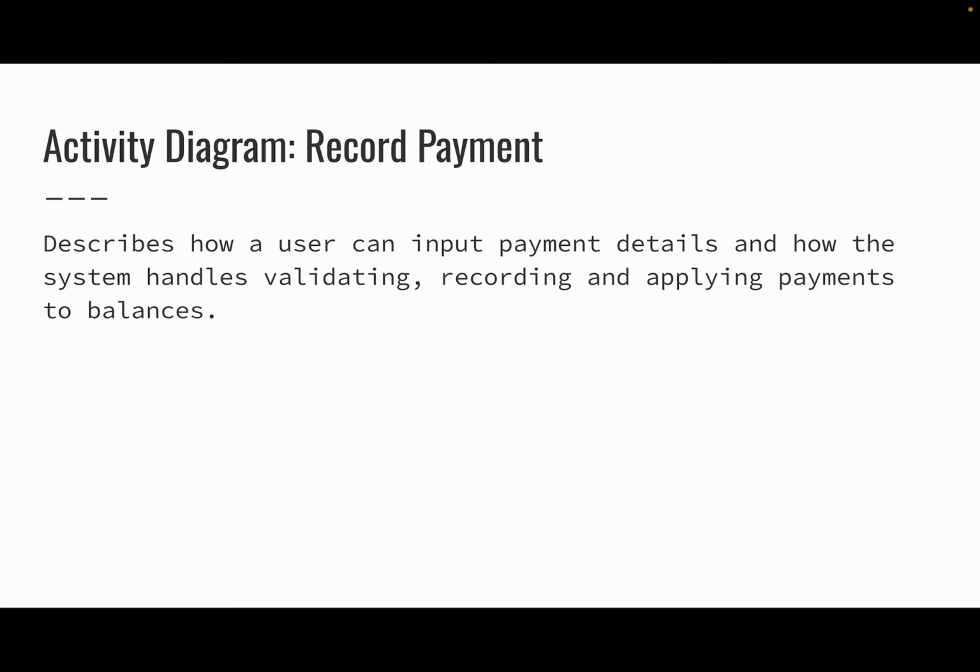We can see how the user would enter the payment details and how the system validates the information and how the payment is officially recorded. Once that is done, the system adjusts the balances based on who has paid which other user.